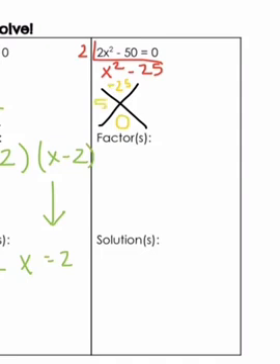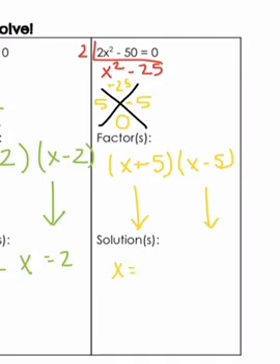So 5 times 5, that was a terrible 5. 5 times 5 is 25, and one of them is going to have to be negative to make sure that they add to 0. So your factors are x plus 5 and x minus 5, which means that your solutions are x equals -5 and x equals +5.